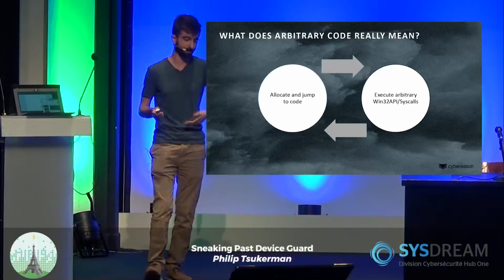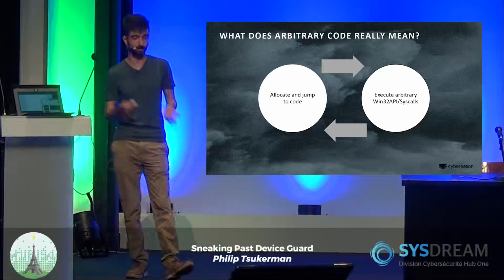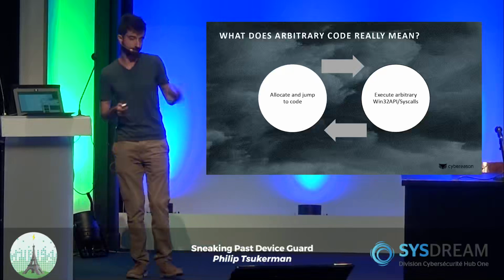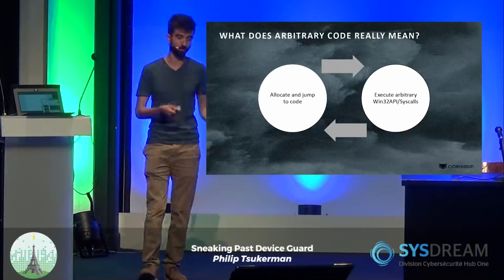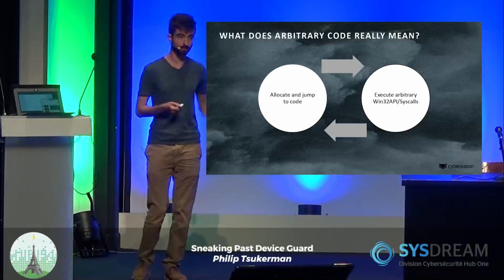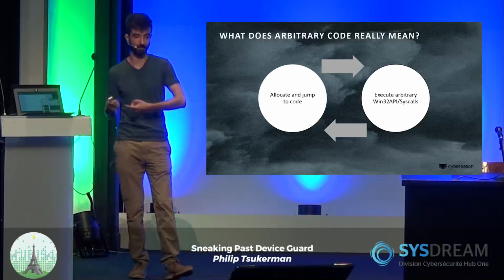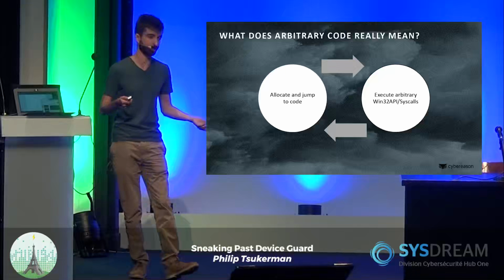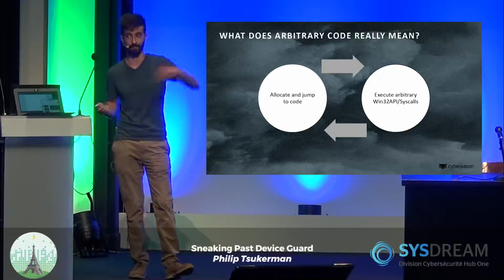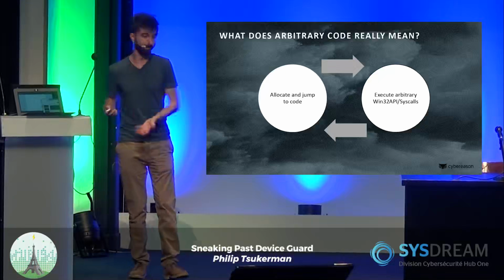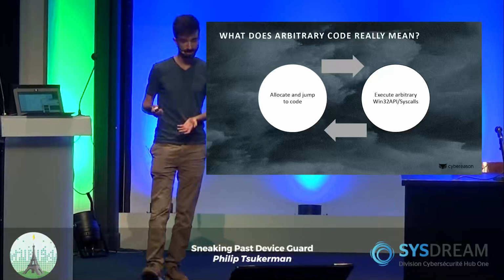And this could be achieved by being able to allocate code and jump to it, or by being able to call arbitrary API calls or syscalls. And of course, it's really easy to jump between these two definitions, because if you could do the one, you could just allocate code that does whatever APIs you want, and you have the APIs to allocate code.